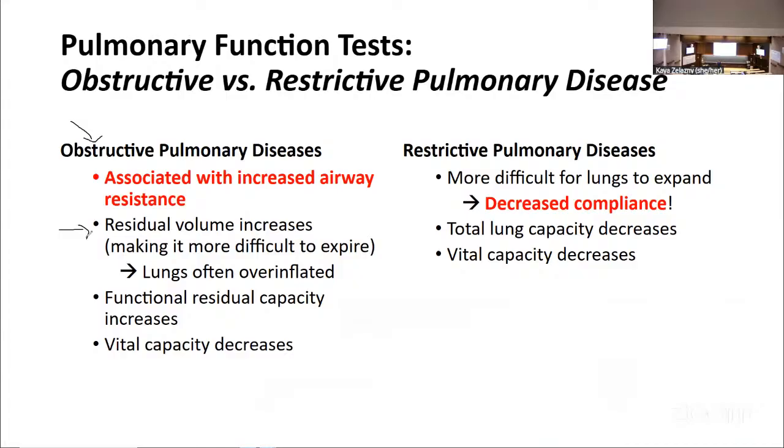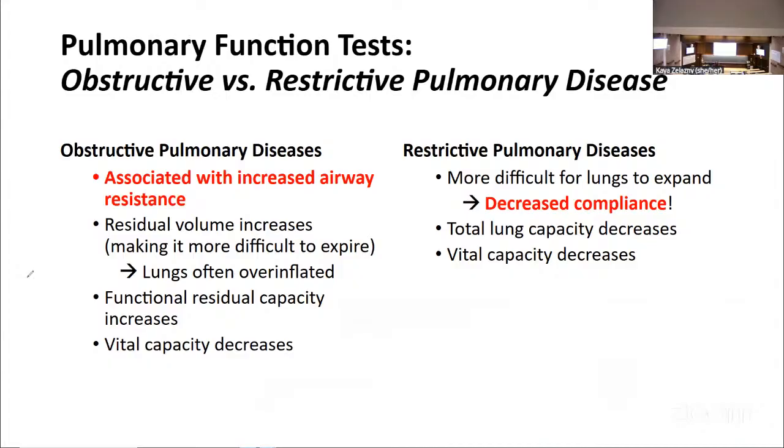But what you want to think about here is these are diseases that affect resistance. So to kind of remember that, I think about like an obstruction in my airway, right? Like if you have something stuck in your throat, that would make the tube narrower, right? So maybe that way we can kind of link it up with our idea of resistance and our idea of airway radius, airway diameter.